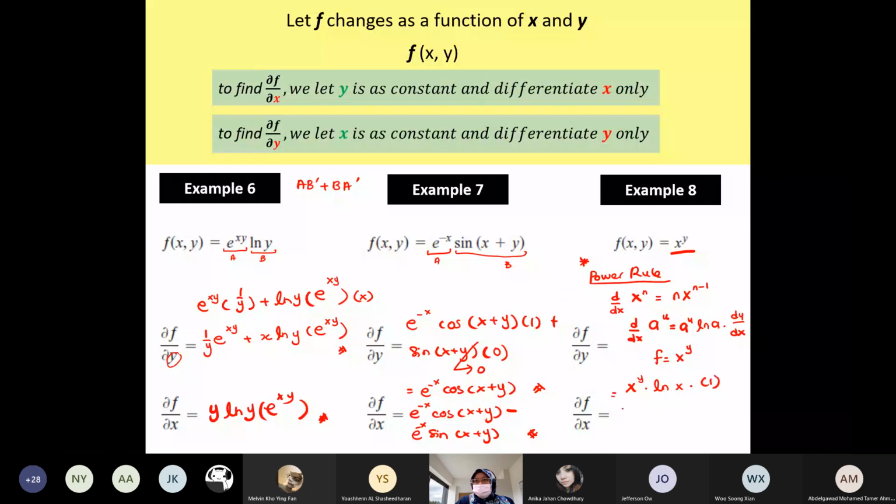So from here it is equivalent to x to the power of y ln x. Okay, so this one is to find df over dy.